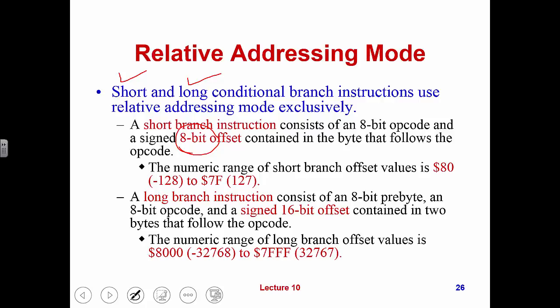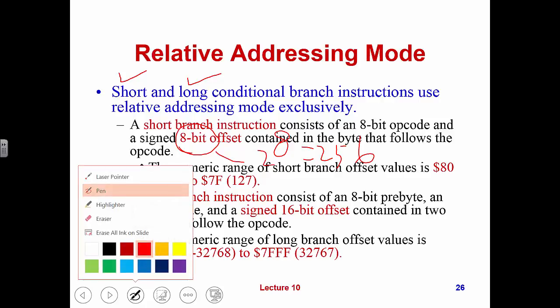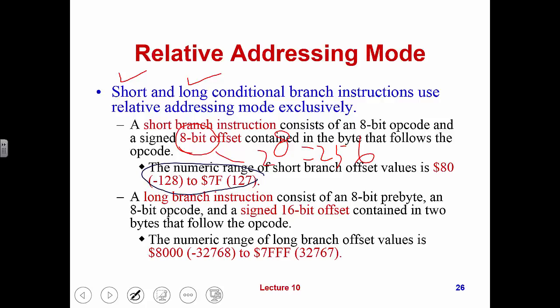Because 2 to the 8 only gives you 256, the range you can go is only within 256 locations. Because it's signed, it can be positive or negative. So the range is from negative 128 to positive 127, including 0, which totally gives us 256 values.